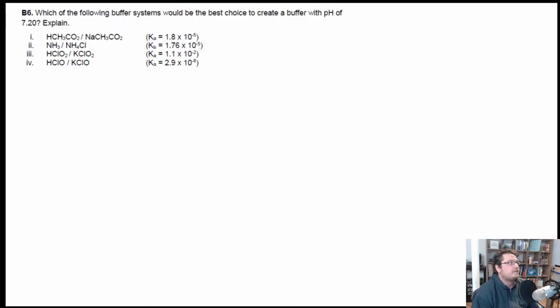So if we're looking at this right here, we have this Ka value for this set, which is formic acid and sodium formate. We're given the Ka value of 1.8 times 10 to the negative 5. The pKa calculation is simply the negative log of the Ka.